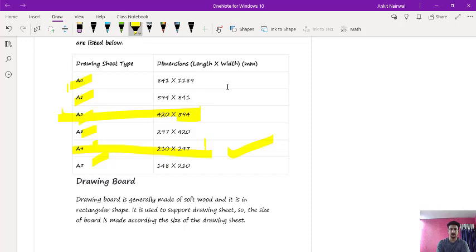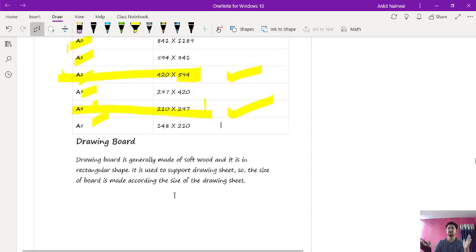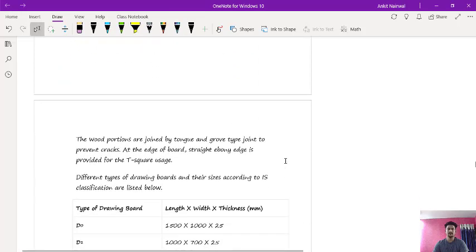You need to buy this drawing sheet. The drawing board, on which the drawing sheet is kept, is generally made of soft wood and is rectangular in shape. It is used to support drawing sheets, so the size of the board is made accordingly.